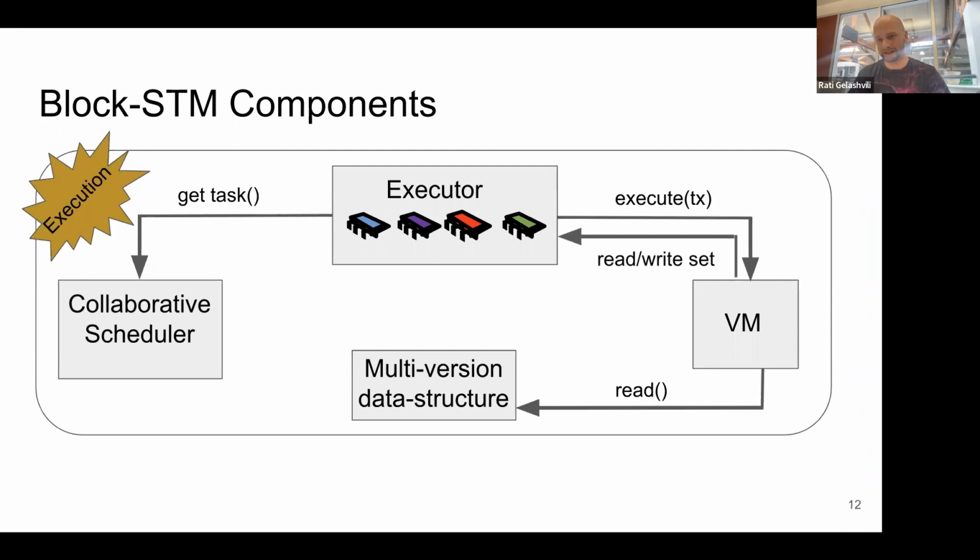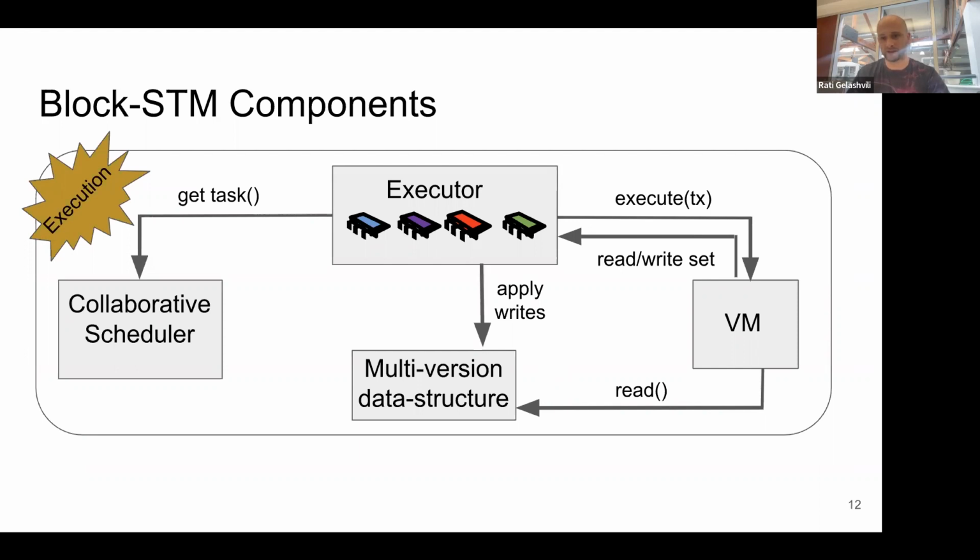The VM executes transactions, but it never actually writes anywhere. It just produces the write set and the read set, and returns them back to the executor. And then the executor can apply the writes to the multi-version data structure.